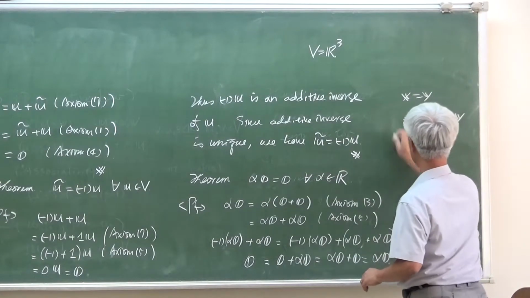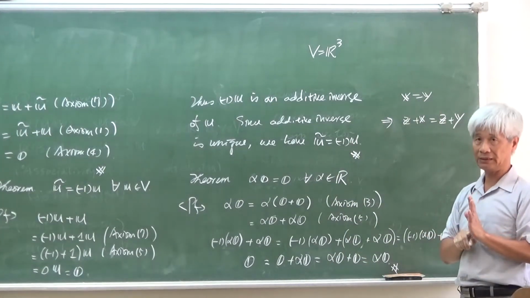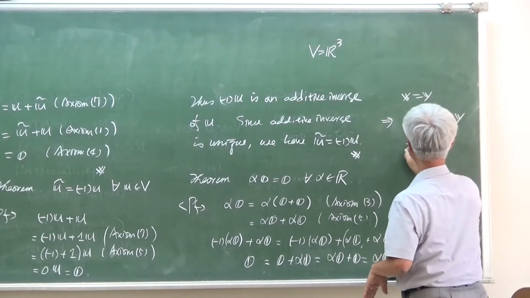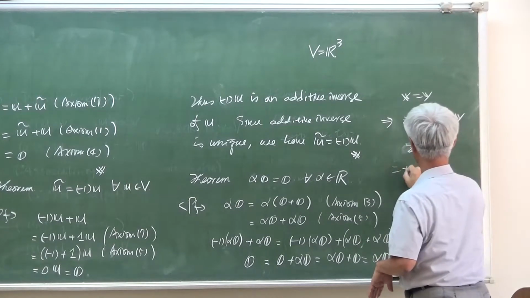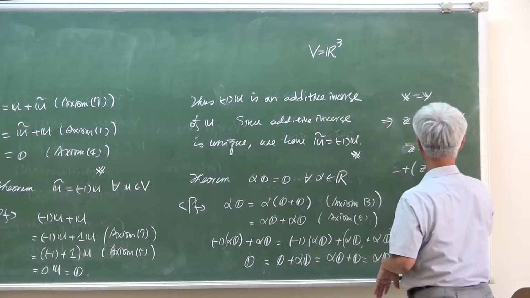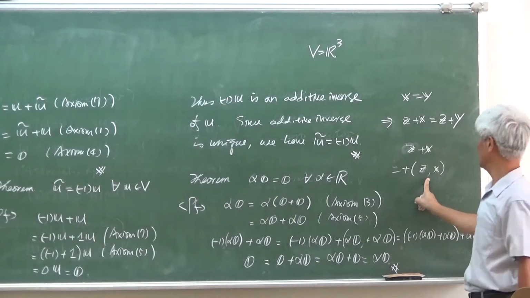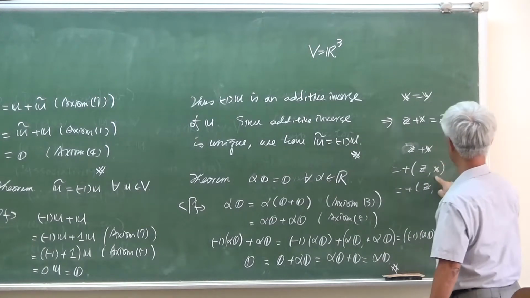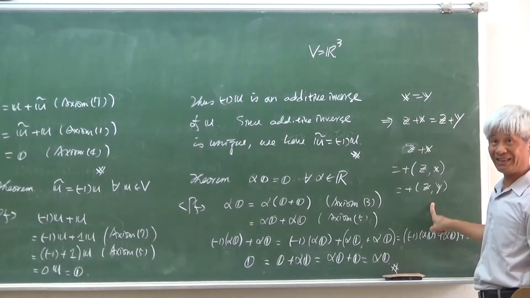This direction, I have done that already. Why? Because I just said the vector plus is equal to a function value. And so now I just use x equal to y, right? So I can replace x by y because they are the same vector.